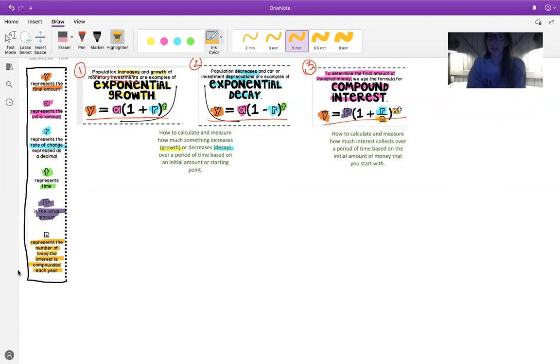So that would be the number of times the interest is compounded. Now with savings, it's a little different, and it's also usually not as big of an interest. That's how people get into extreme credit card debt so quickly, because of the interest that builds on the amounts when you don't pay it back. And once again, we have our t, which is again the amount of time that passes.